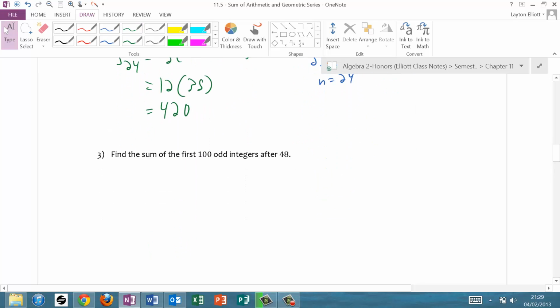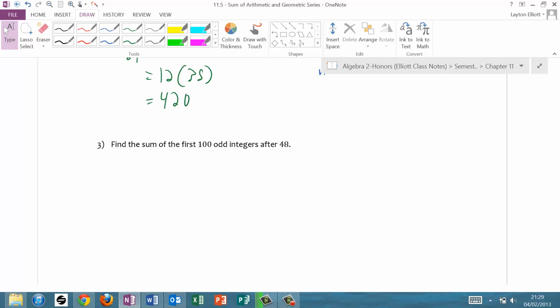Okay, number 3. Find the sum of the first 100 odd digits after 48. I'm going to be adding up 100 things, so I'm looking for S of 100, and I know that after 48, 49 is the first odd digit, so t of 1 is 49. For the formula, I have to know what t of 100 is.